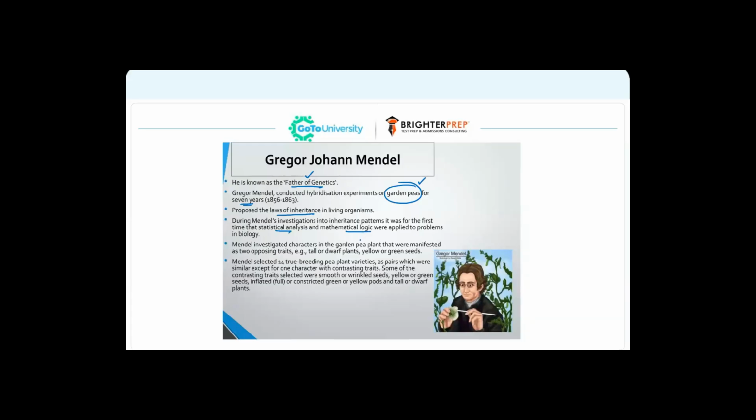So that was a new trend in research in biology, where statistical analysis as well as mathematical logic were applied. Now, Mendel investigated the characters in the garden pea plant that were manifested as two opposing traits. That means he took two plants which had two different traits.